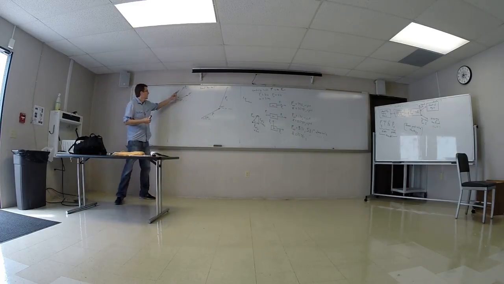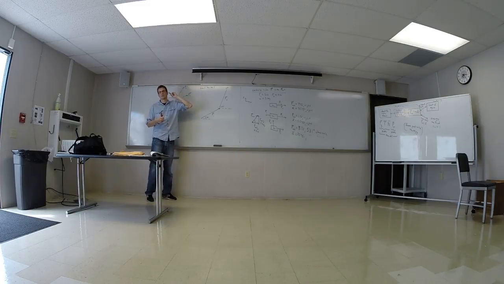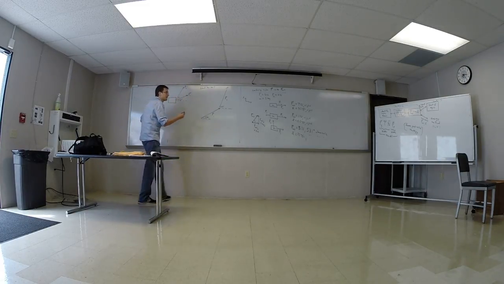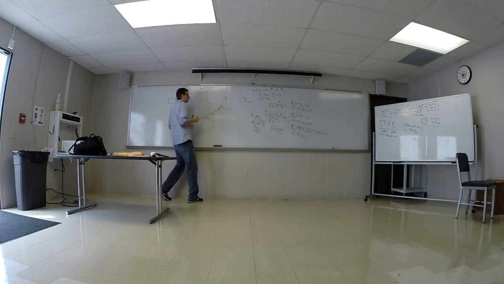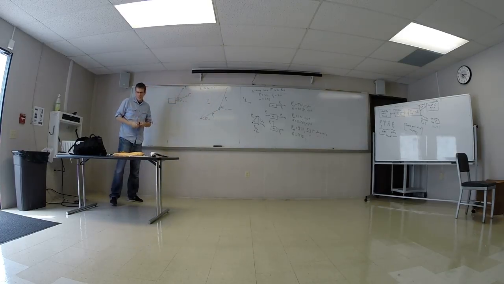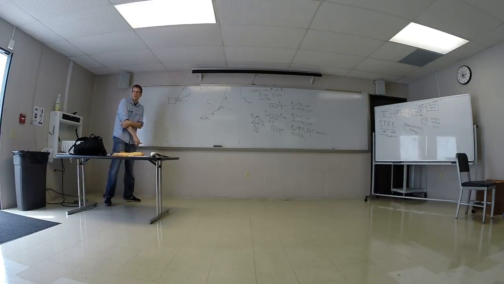I took this arrow and I put it over here, but I didn't accidentally make it point somewhere else. So if I do that, this is my net force. And I need to figure out how long that is and in what direction it points.